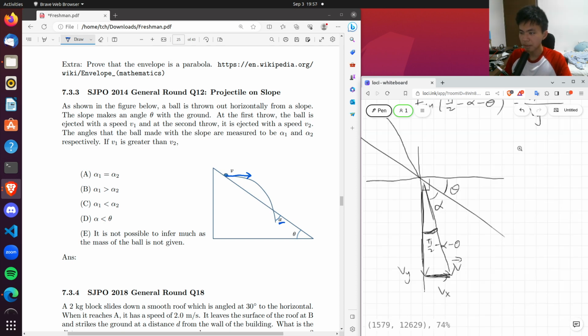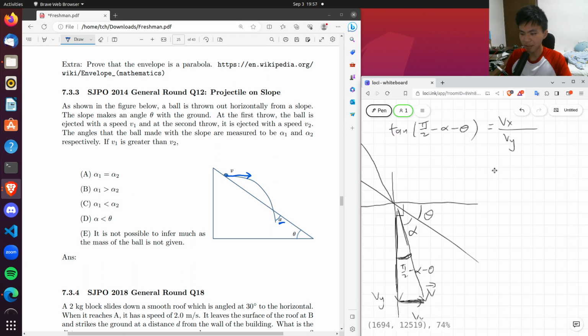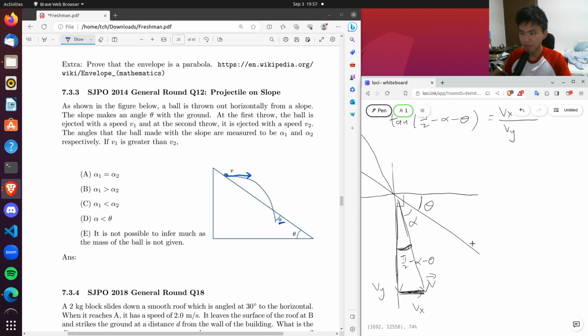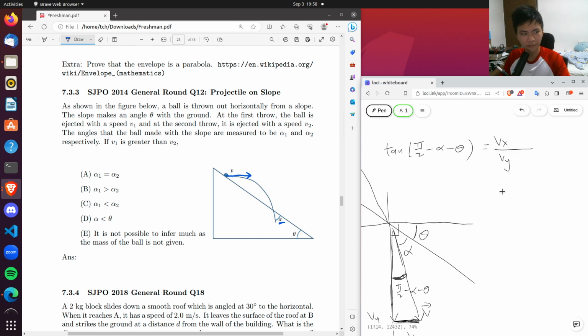That's great, but there's something I would like to emphasize, which is that vx and vy are functions of time. If we just write vx, it may be a bit ambiguous which velocity we are referring to at what point in time.